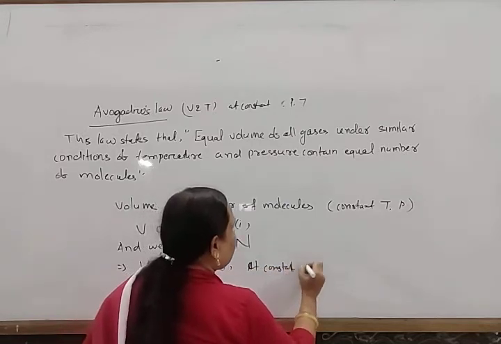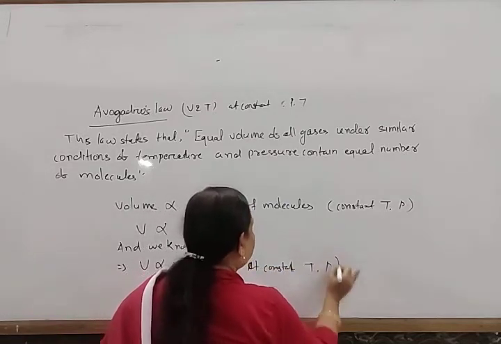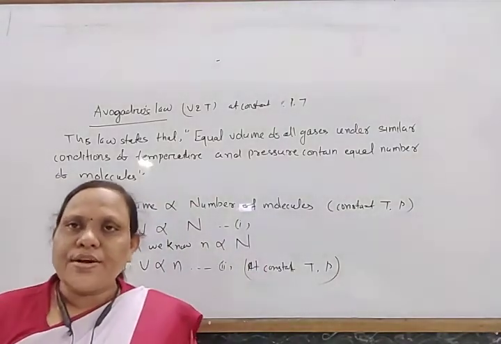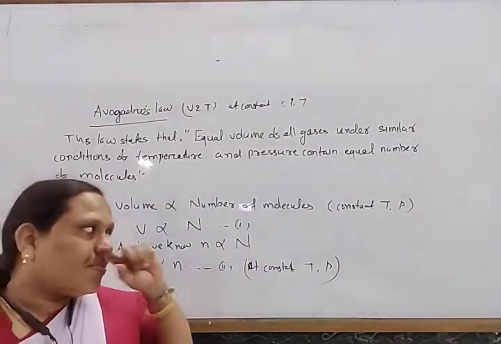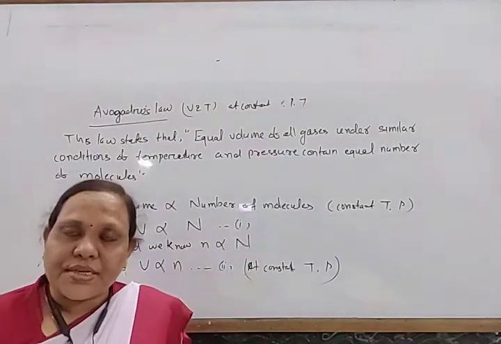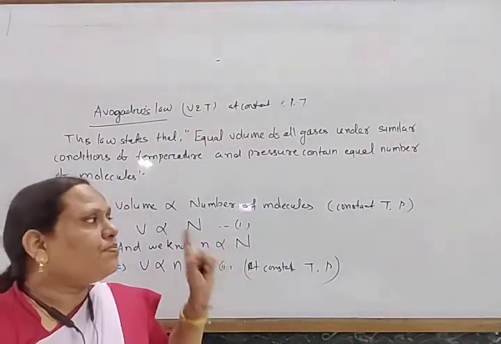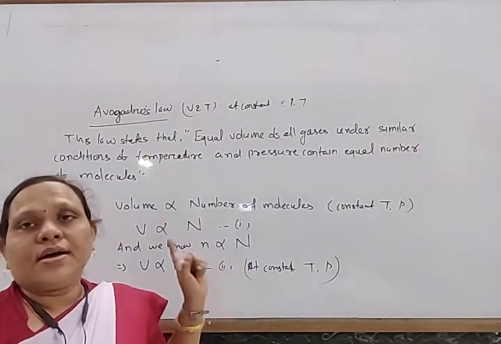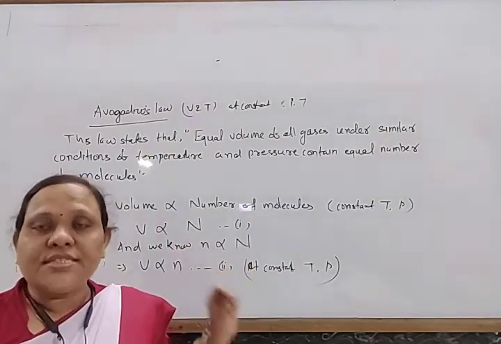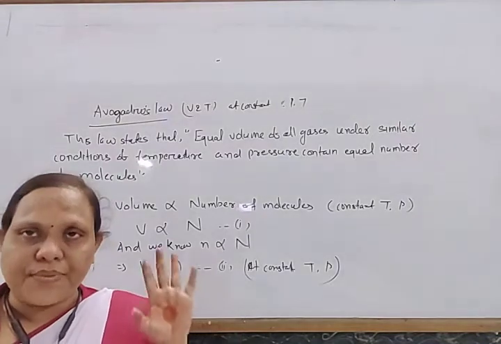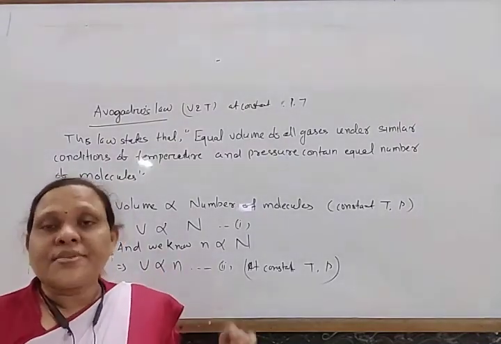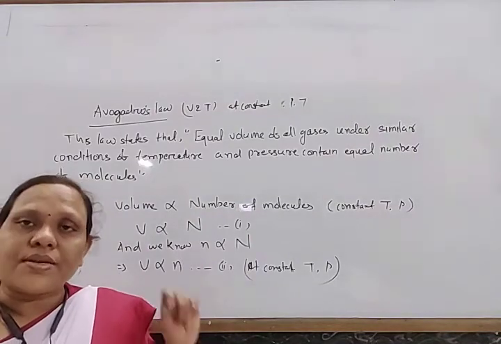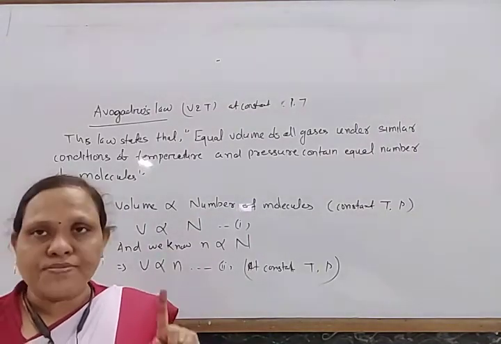So there are 4 laws: Boyle's law, Charles' law, Gay-Lussac's law, Avogadro's law. Boyle's law, between pressure and volume at constant temperature: V is inversely proportional to P. Next Charles' law: V is directly proportional to T at constant P and number of moles.